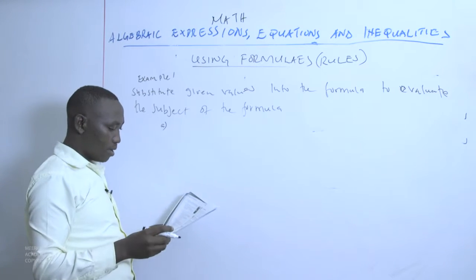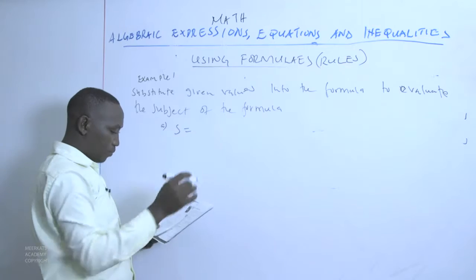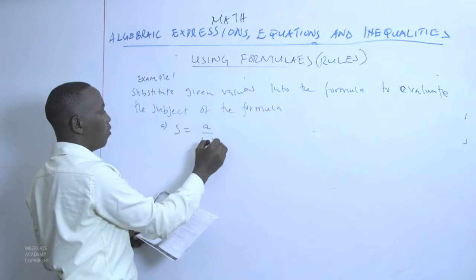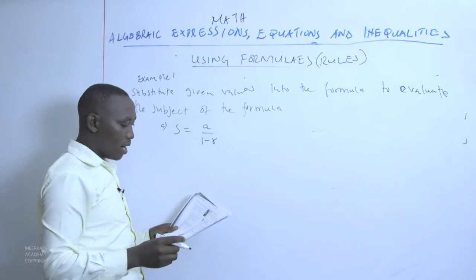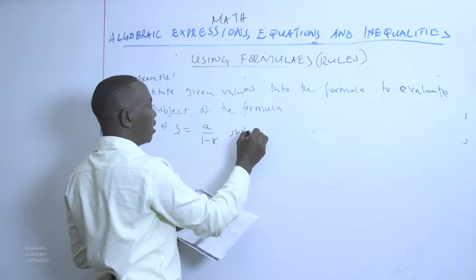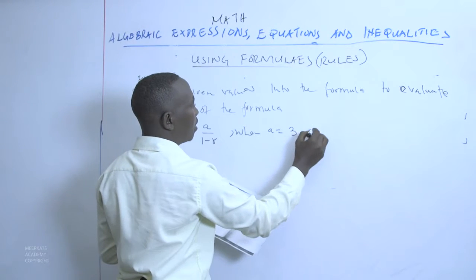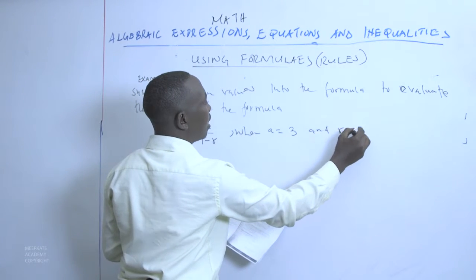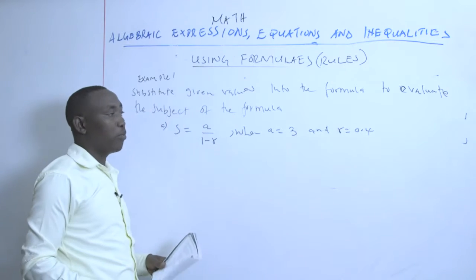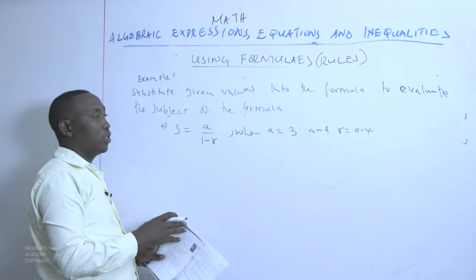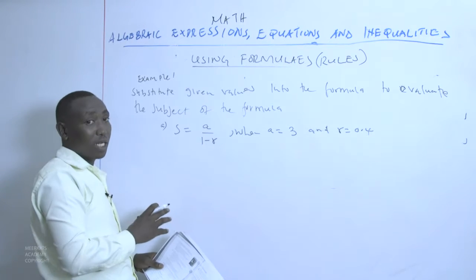Number A, S is equals to A all over 1 minus R, and this is when the value of A is 3 and R is 0.4. So here, we need to simply substitute the values of A and R in this particular formula.